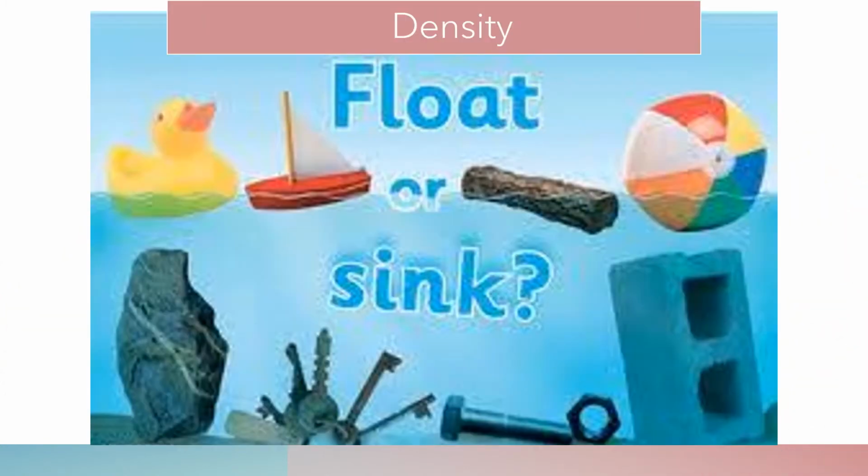The density will determine whether the substance can float or sink. Look at this diagram. Some materials float and some others sink. So we can classify substance or matter based on this physical property.